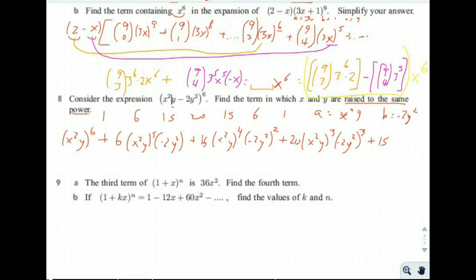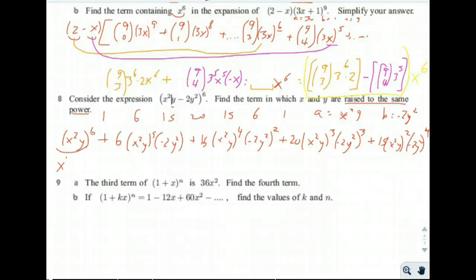Are we getting close here? 15 x squared y to the second, negative 2y squared to the fourth. Okay, I think we probably found it somewhere here, so let's try to simplify this.